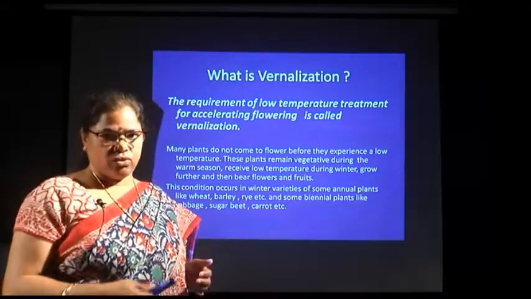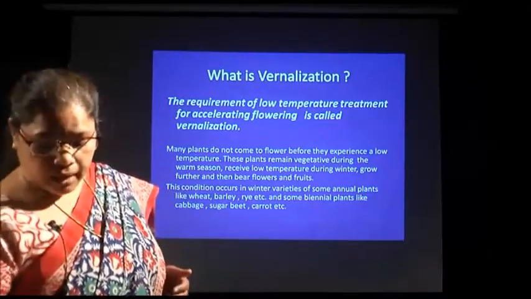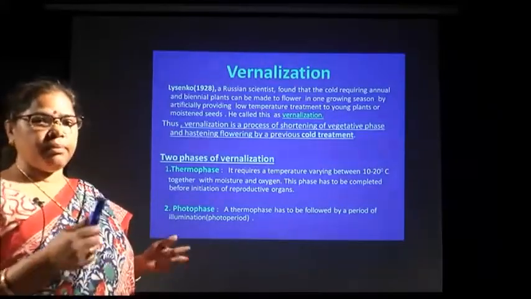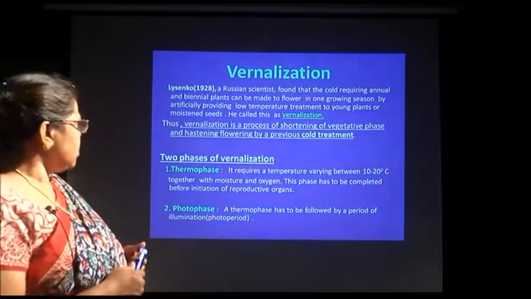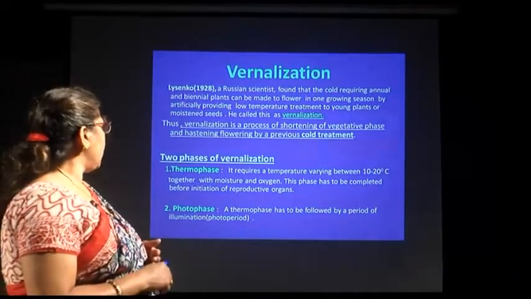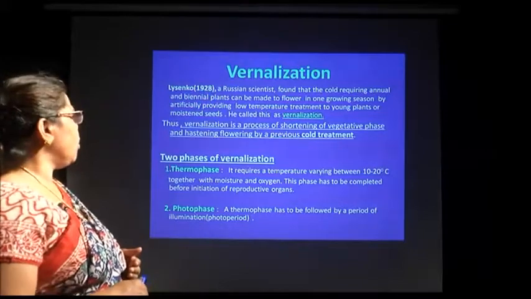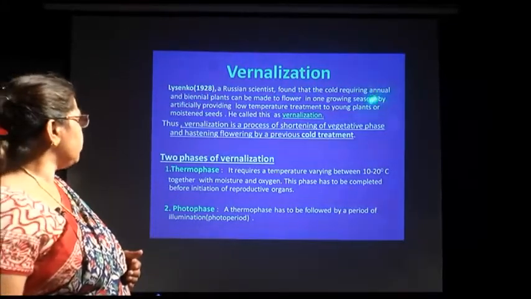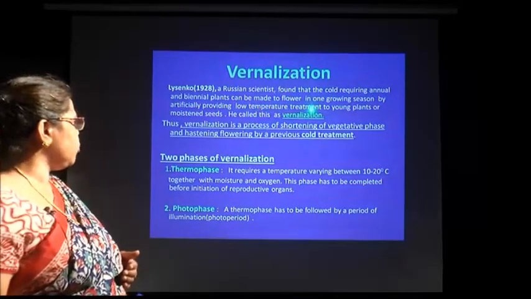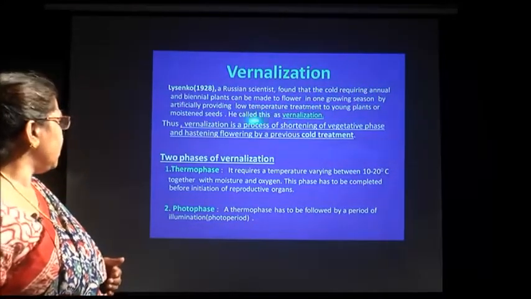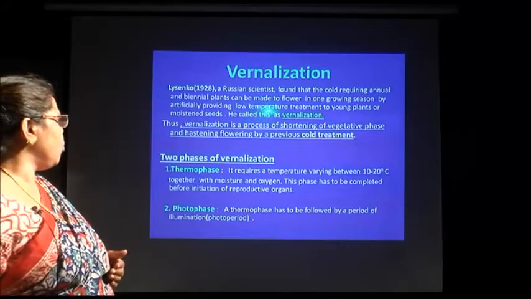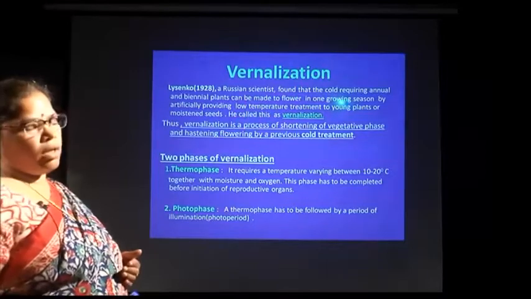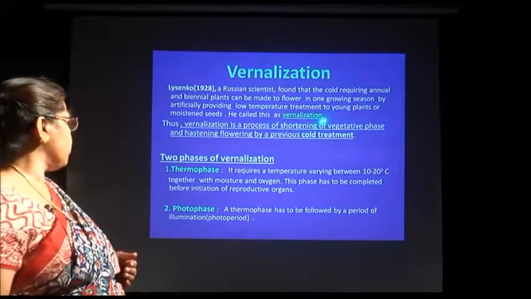So, this happens naturally, but if you provide them low temperature artificially, then they can be made to flower in one season. This vernalization process, it was the scientist Lysenko, a Russian scientist, who found that the cold requiring annual and biennial plants can be made to flower in one growing season by artificially providing low temperature treatment to young plants or to the seeds, and this he called the vernalization process.